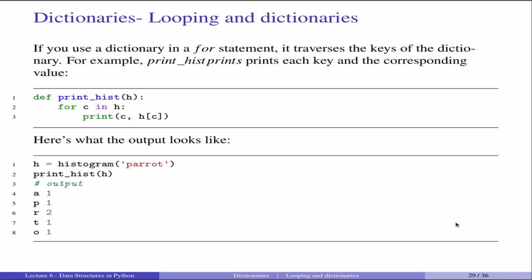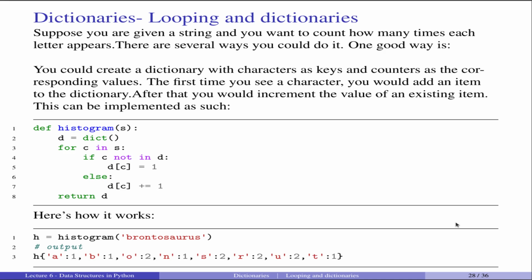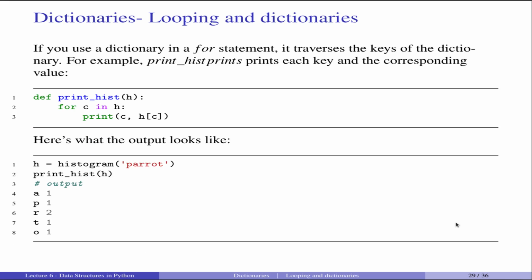Okay, now suppose what we want to do is, we got the histogram. Now what we want to do is print each element separately. Suppose I want to print the character separately and its frequency separately. So then we can use a very simple for statement which will print the whole histogram, and it will print the character and then the value of that character.